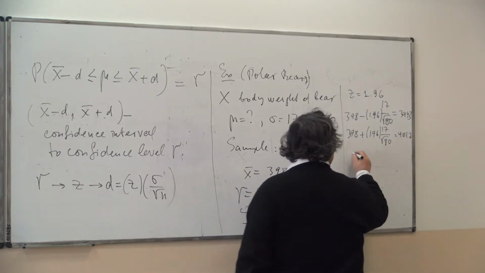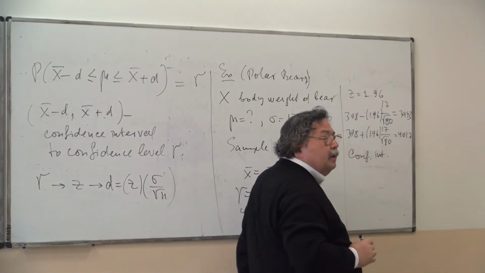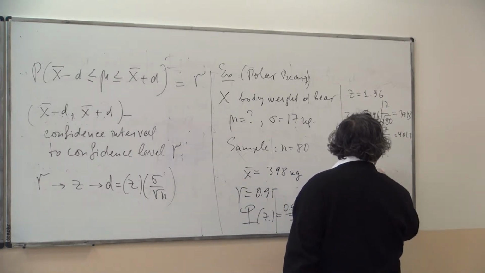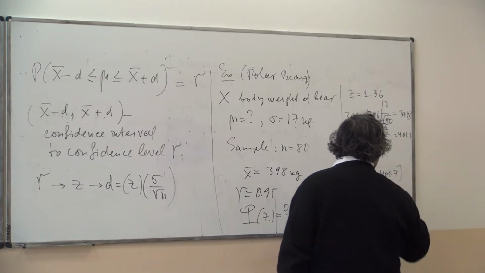So the 0.95 confidence interval is 394.3 to 401.7, like this.